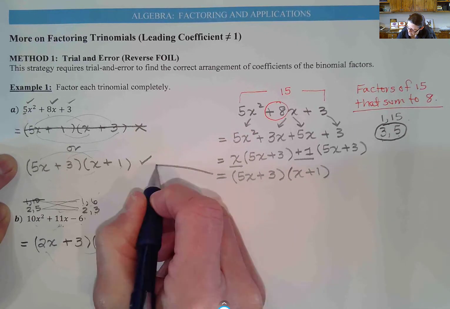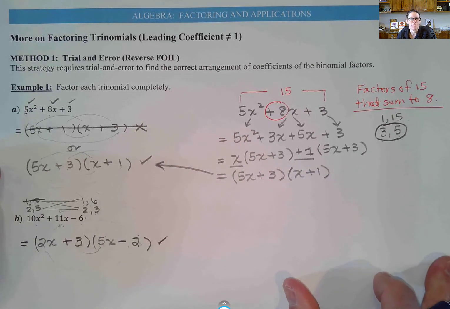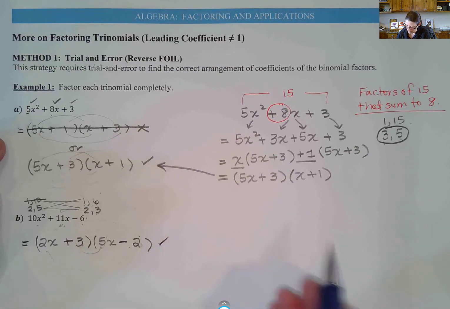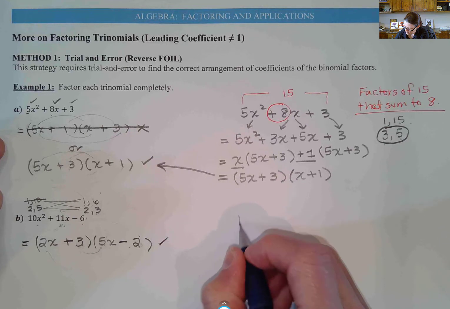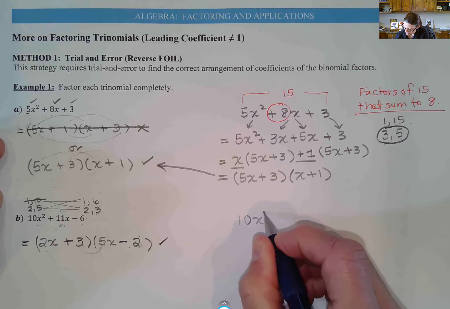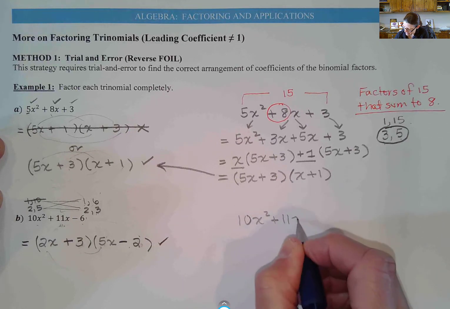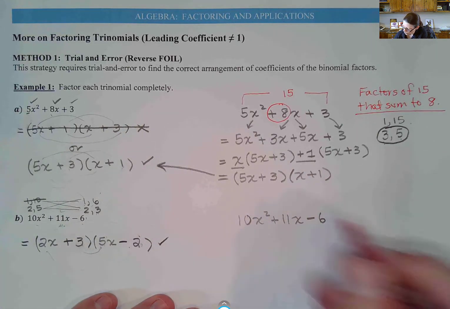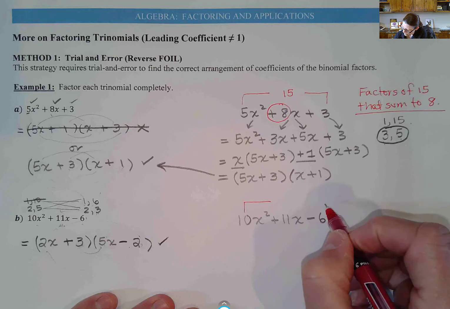Let's work another one in part B. The trinomial 10x squared plus 11x minus 6. Step 1, multiply your outer coefficients. 10 times negative 6 is negative 60. Now, here's the only hard part.